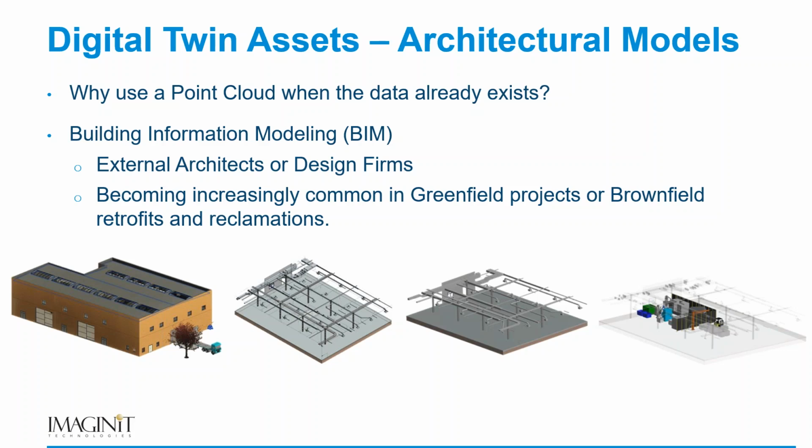So building information modeling is becoming much more prevalent in new greenfield builds where you're starting from scratch and nothing exists. There's no as-builts, there's no general arrangements in place yet. So it's becoming much more common on the front end of greenfields, but also very common on portions of a building for brownfield retrofits and reclamations.